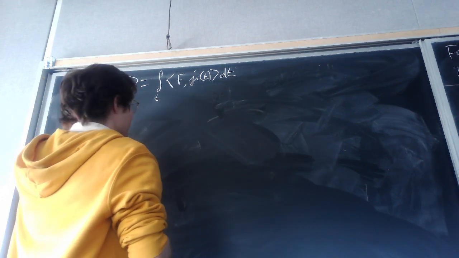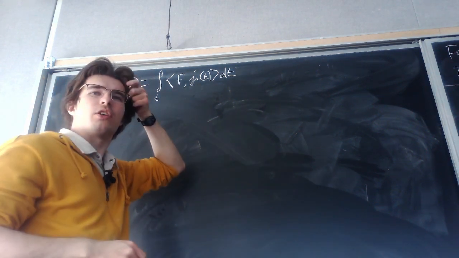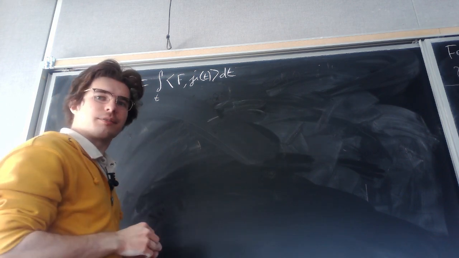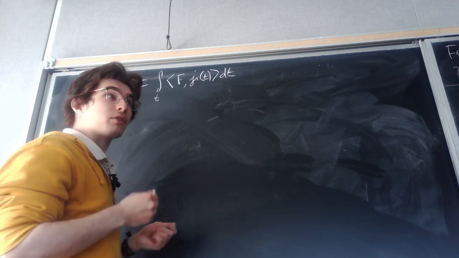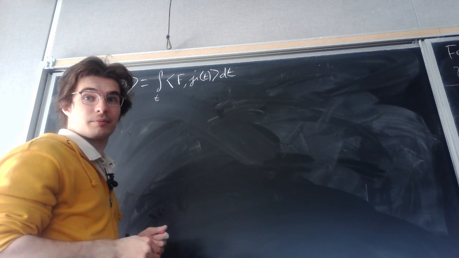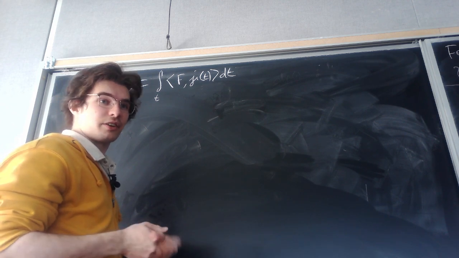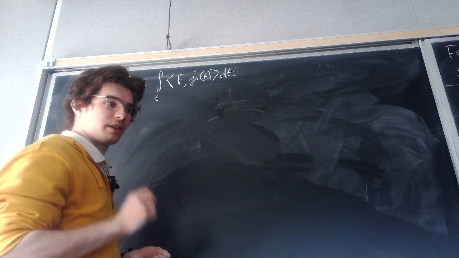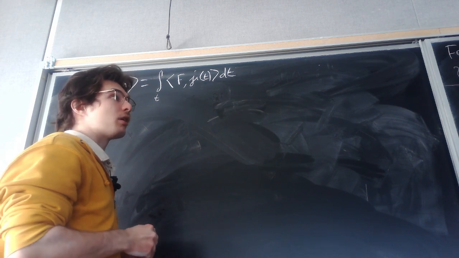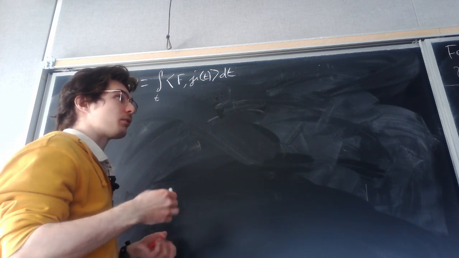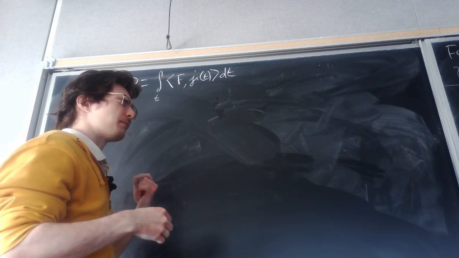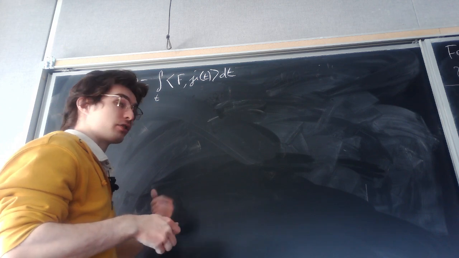Well, it turns out that I can define a one form. Do people remember what a one form is? Do people remember what a linear functional is? A linear functional takes in a vector from a vector space and outputs a number, right? A k form is an alternating multilinear function with k inputs.